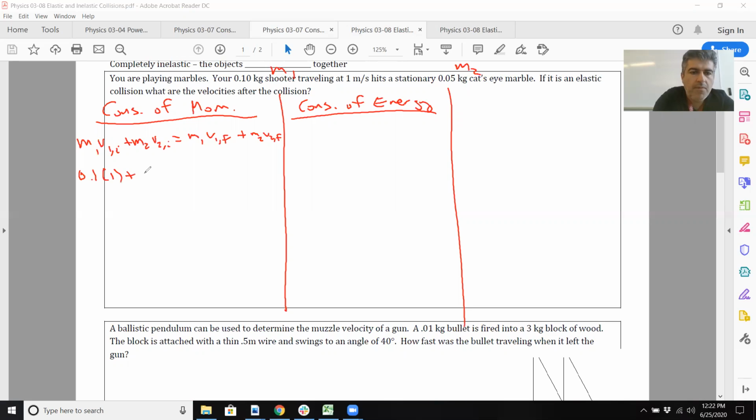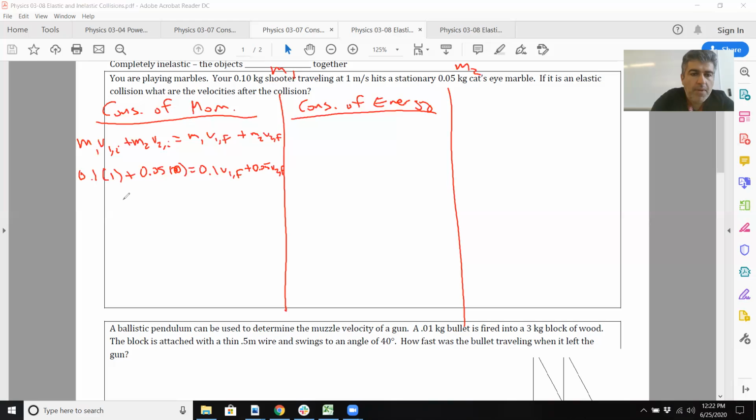The mass 2 is 0.05, but it's at rest, so you put 0 there. Mass 1 is 0.1. We do not know the final velocity of the shooter, so we'll just call it V1F. And again, 0.05 V2F, because we don't know the cat's eye marble's velocity either.